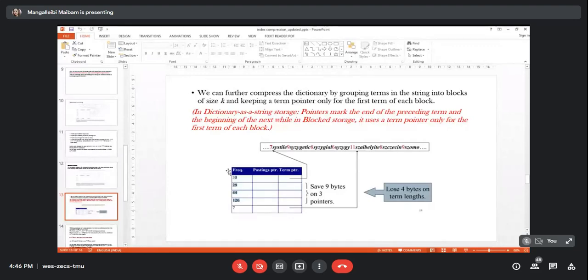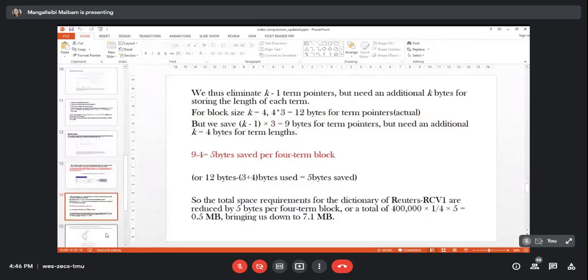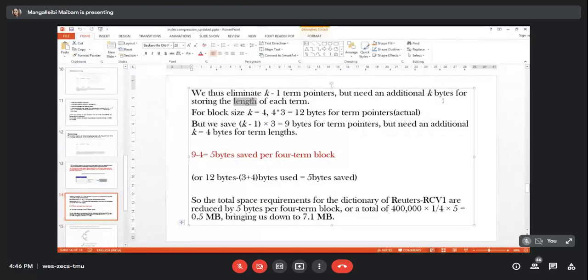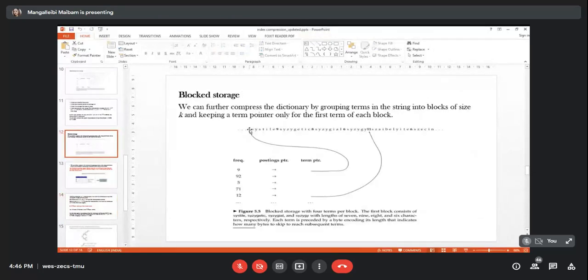Now the calculation we can check here. We thus eliminate k minus 1 term pointers, but need an additional k bytes for storing the length of each term. Why do we need additional k bytes for the length of each term? In block storage you can see here 7, here 9, here 8, here 6.